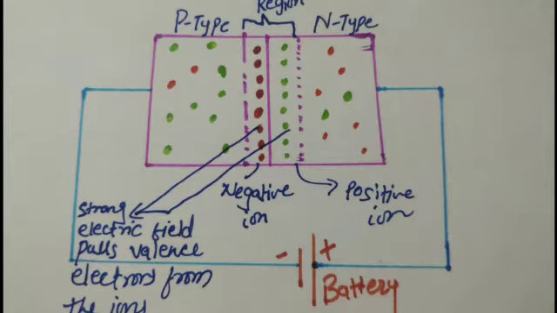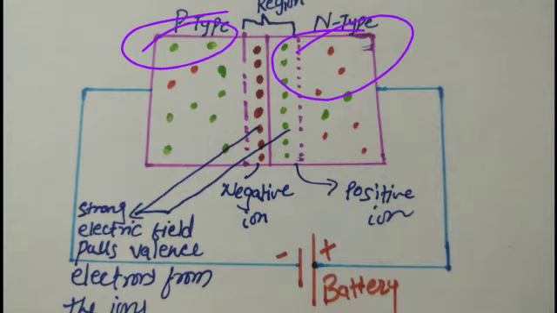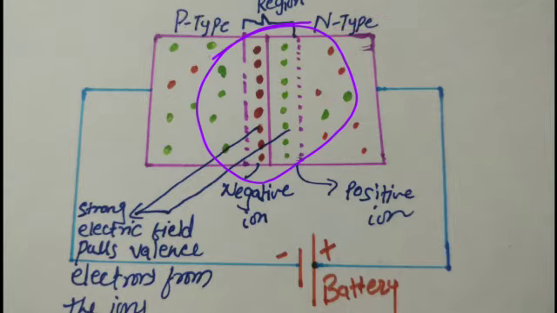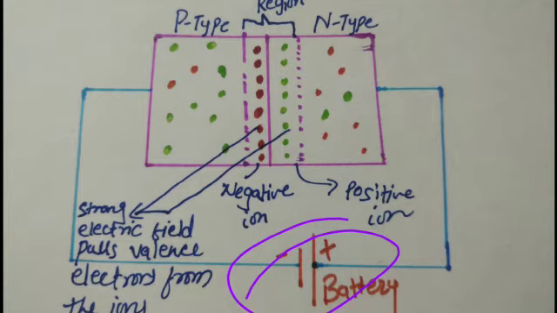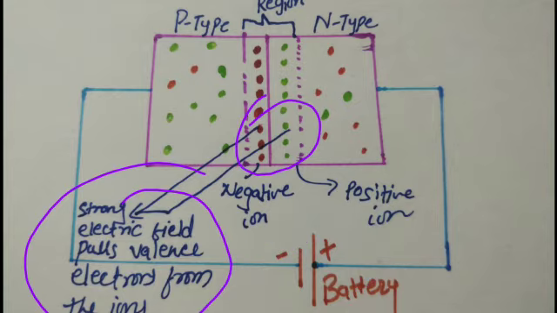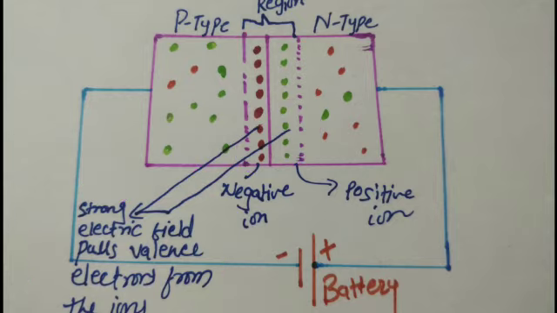Now the next one is Zener breakdown. Zener breakdown occurs in heavily doped PN junction diodes because of their narrow depletion region. When reverse bias voltage applied to the diode is increased, the narrow depletion region generates a strong electric field. When reverse bias voltage applied to the diode reaches closer to Zener voltage, the electric field in the depletion region is strong enough to pull electrons from their valence band.